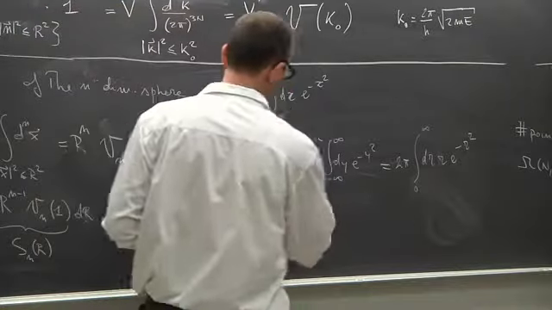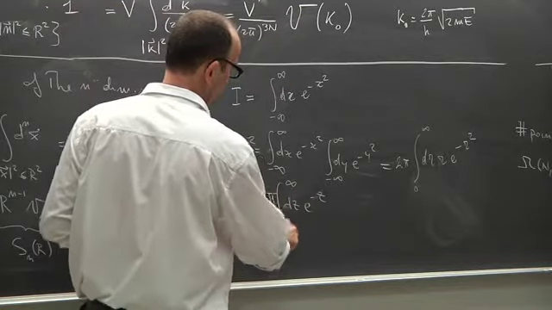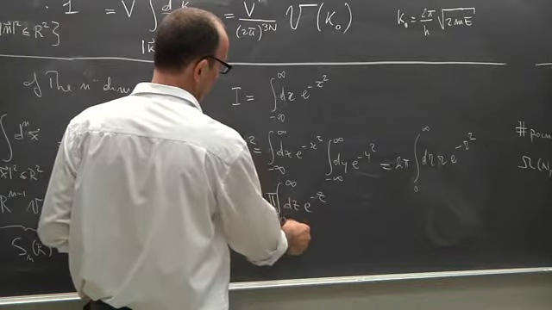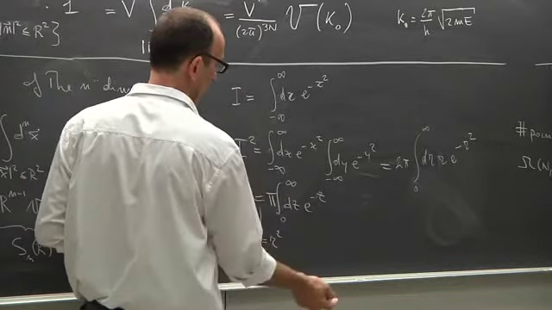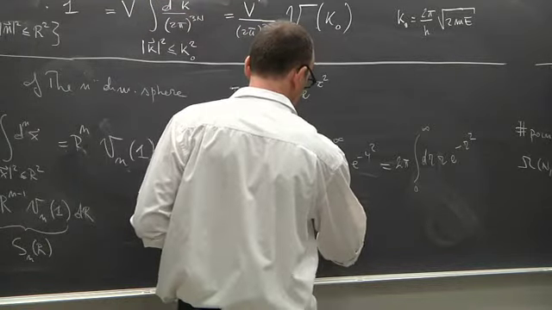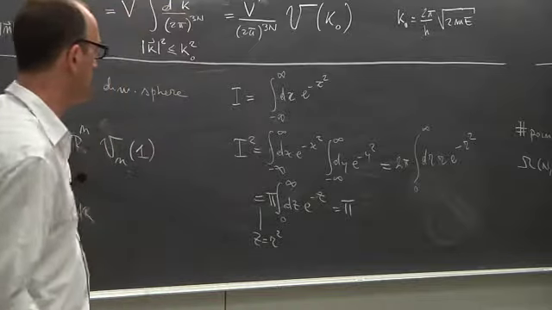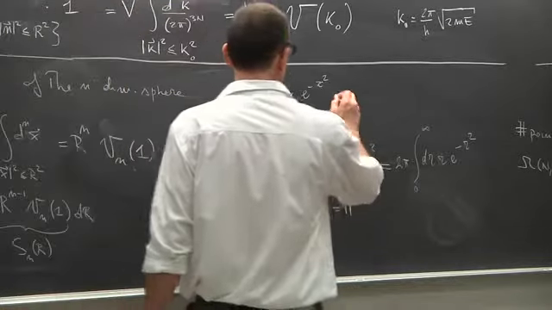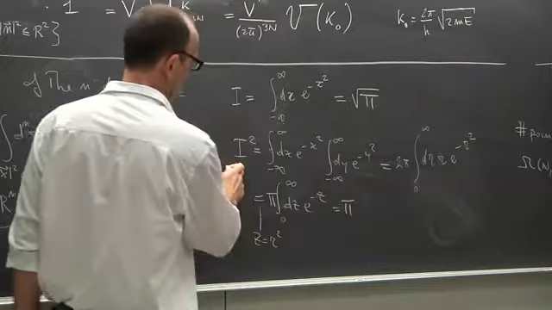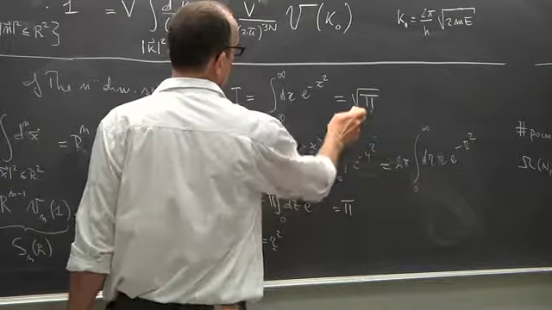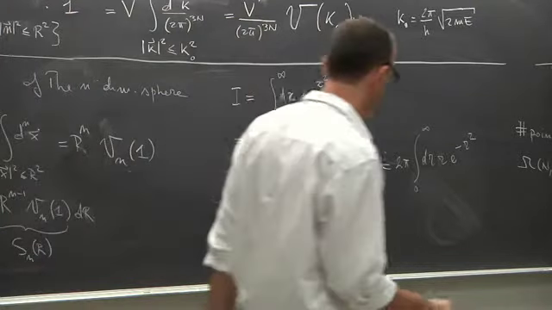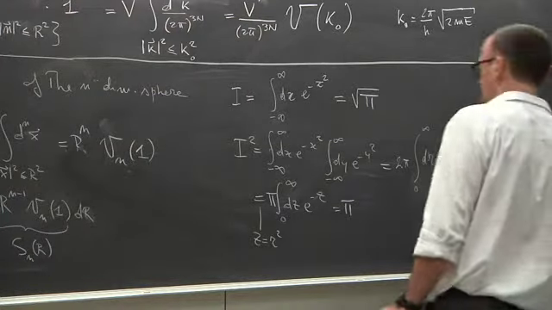Okay? And it's just one. The integral of e to the minus z, computed at 0 minus computed at infinity, is just 1. So this is pi. Okay? So what we have found is that I squared is equal to pi, so this integral I is equal to square root of pi. Very good.